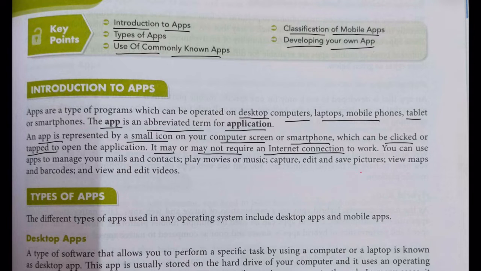Some applications on your mobile phone or desktop computer require an internet connection, and some don't. You can use apps to manage your emails, contacts, play movies or music, capture, edit and save pictures, and do many other things.